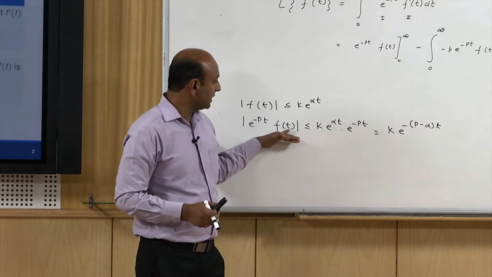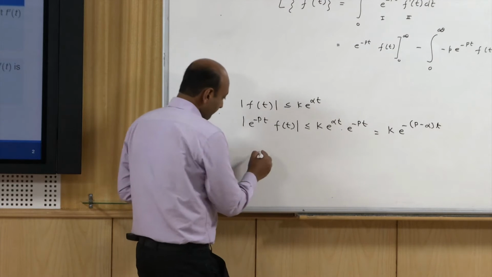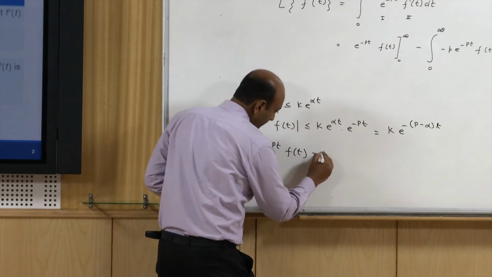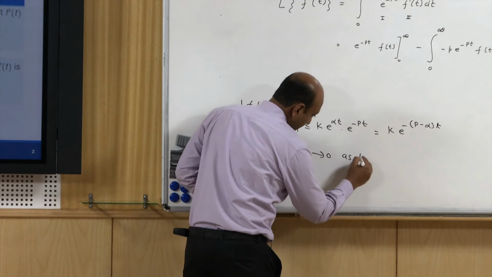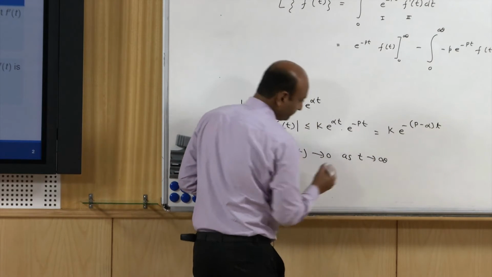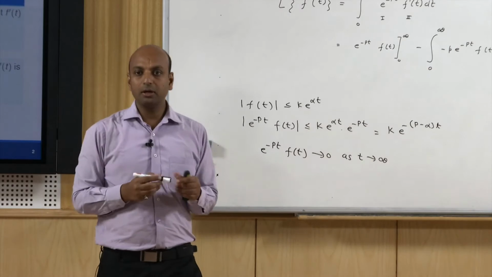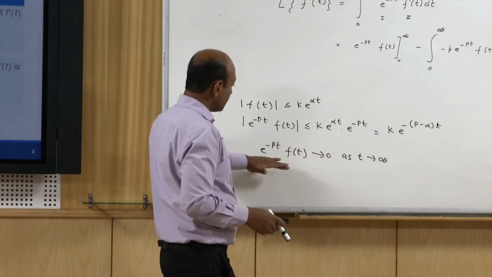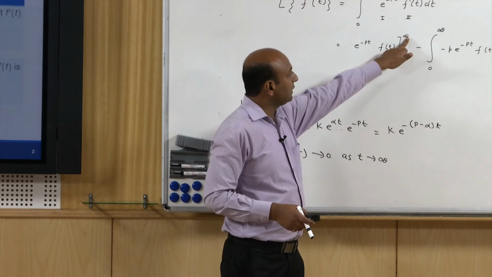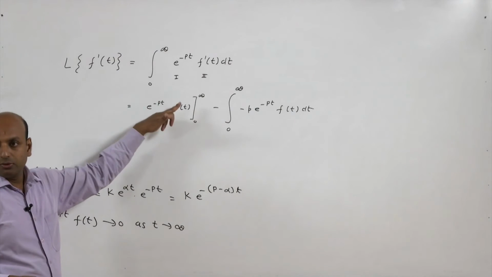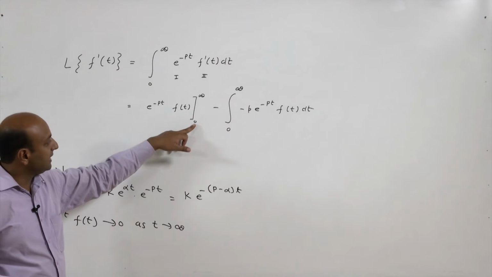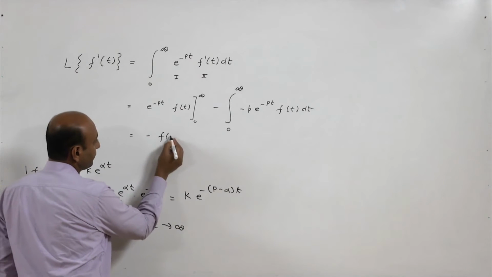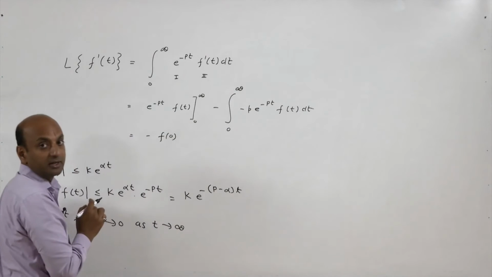Hence this quantity will tend to 0 as t tends to infinity, and this is because of the property of exponential order. And as t tends to 0, this is nothing but minus f(0), because e to the power 0 is 1.